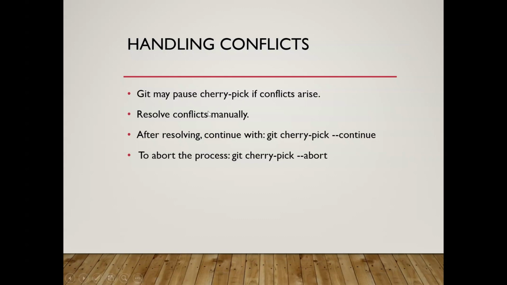Once you have done that, you can start the process again with this command, git cherry-pick --continue. Only once your merge conflicts are resolved can you run this command. If you have to abort the process, you can run this command, git cherry-pick --abort. This will abort your cherry-pick.